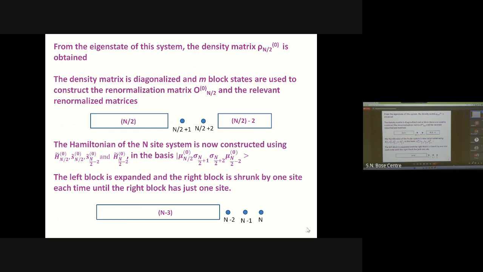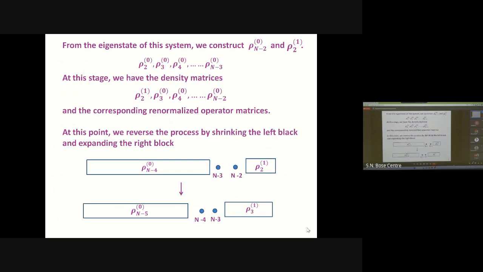And now you reverse the calculation by having a one-site density matrix here and then 2 here. Then you go to a 2-site density matrix here and 2 sites here, and that's n minus 4 there. A 3-site density matrix, 2 sites and n minus 5 there, and so forth. And you keep sweeping it back.